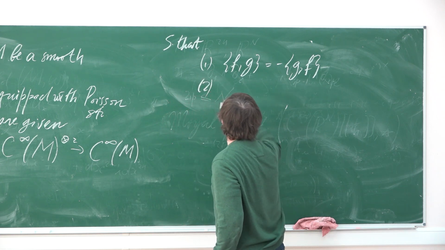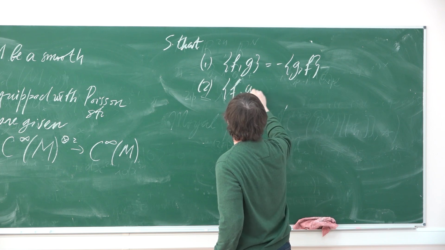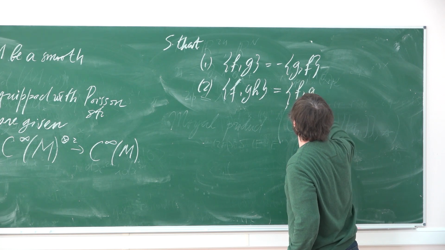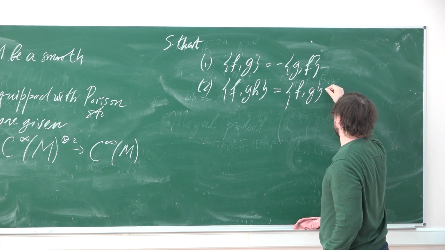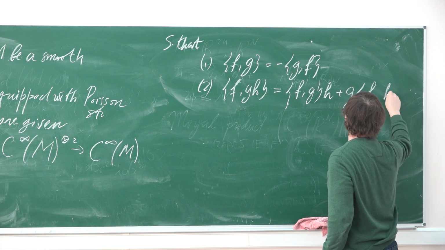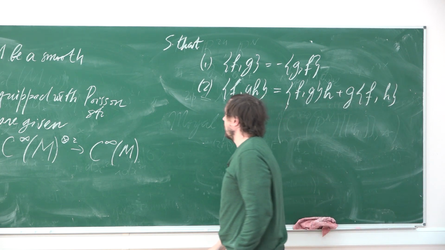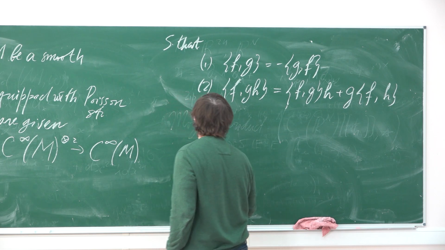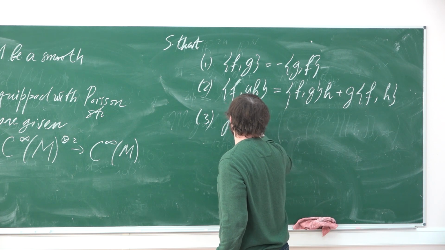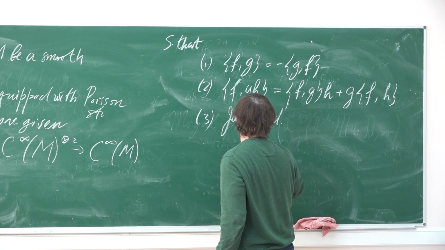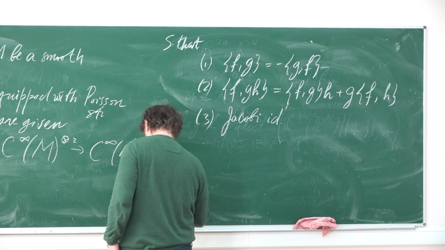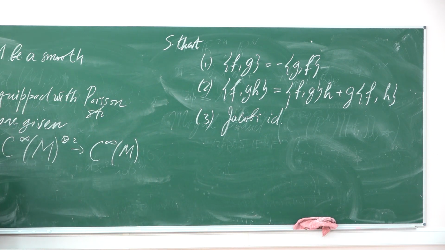Number two, we have the Leibniz rule: for any three functions f, g, and h, the bracket of f with gh is equal to the bracket of f and g times h plus g times the bracket of f and h. And the third, last but not least, condition is the Jacobi identity. This is the usual way to describe the Poisson structure.